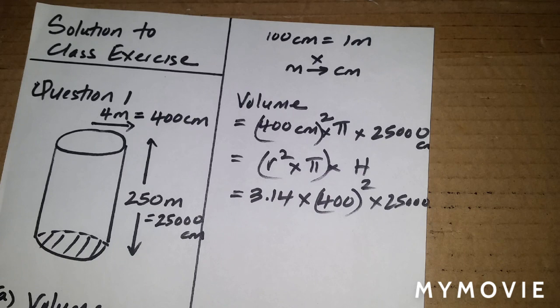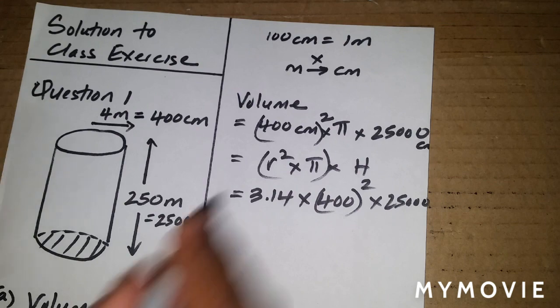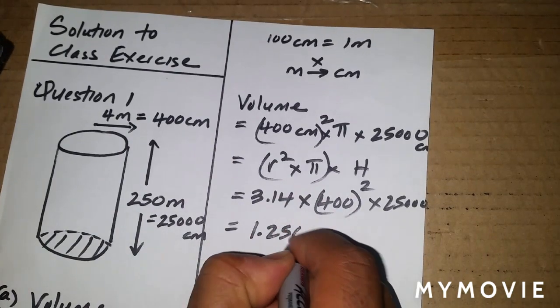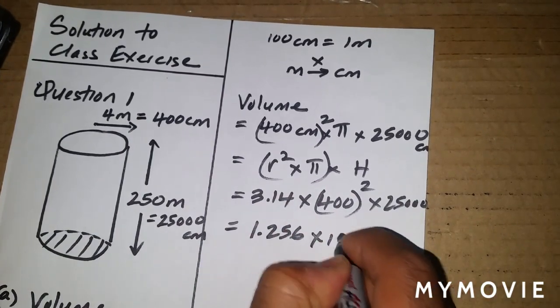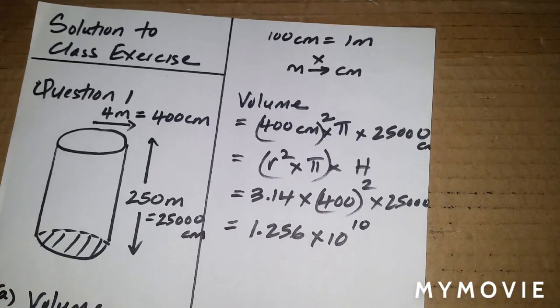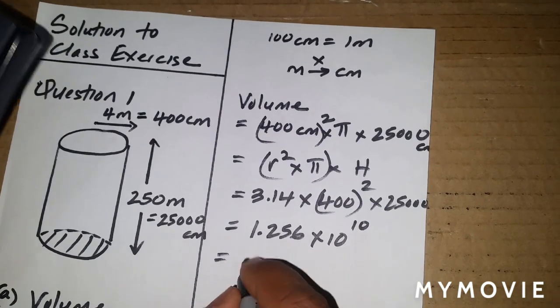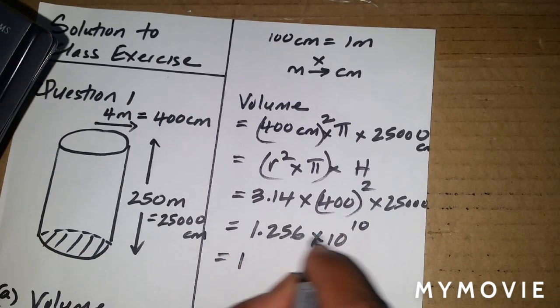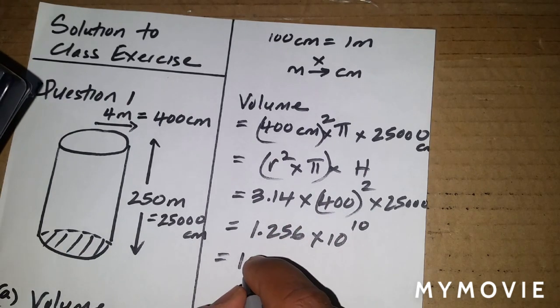So this is 3.14, which is pi, times the radius squared in centimeters, 400 times 400, times the height, which is 25,000, and that would give us 1.256 times 10 to the 10. Now this is standard form, and this is the same thing as moving the decimal place 10 spots to the right.